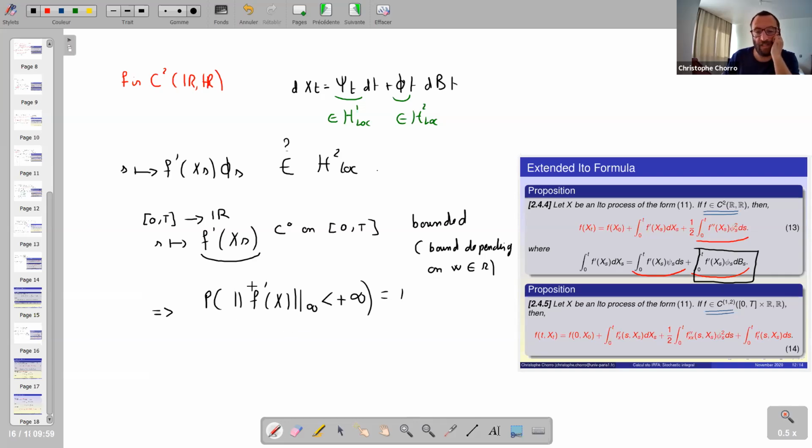So you have here something that is bounded with probability 1, and something that is in H2 log.